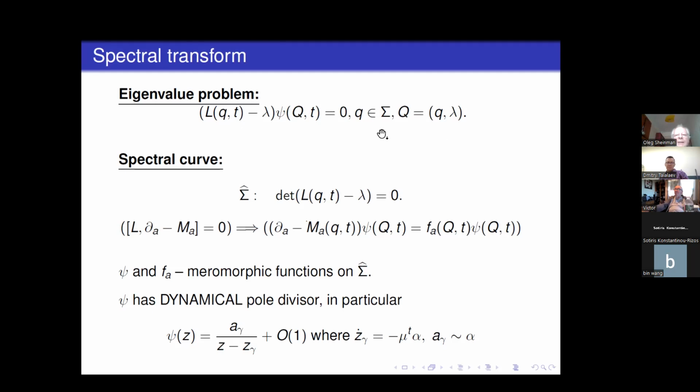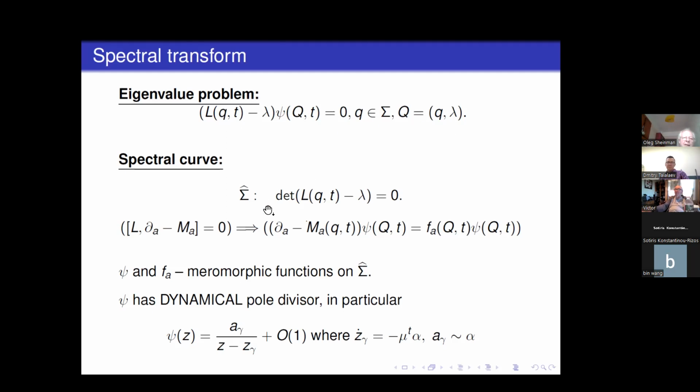Good. Capital Q is a pair consisting of small q and the corresponding eigenvalue, which tends to be a point of the future spectral curve.